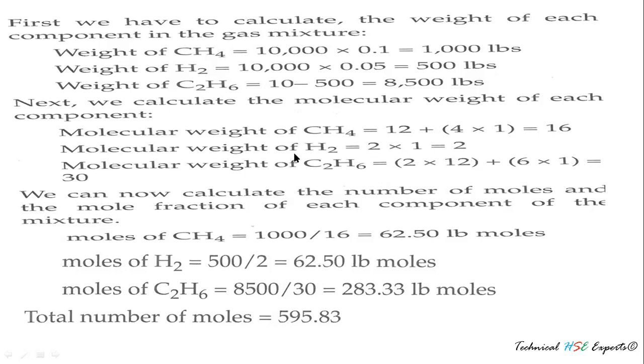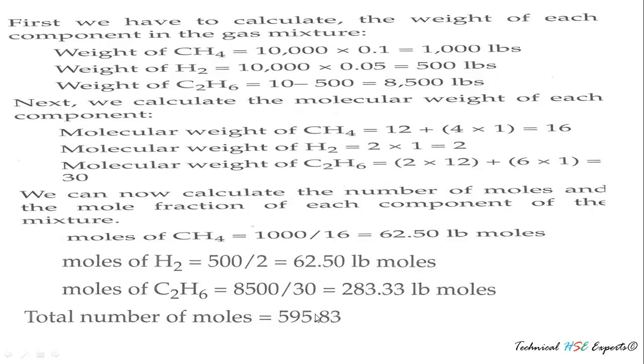After identifying the mass and molecular weight, we need to identify the mole of each compound. What is mole? Mass by molecular weight. So mass by molecular weight of methane, of hydrogen, and similarly for ethane. Then identify the total mole also.